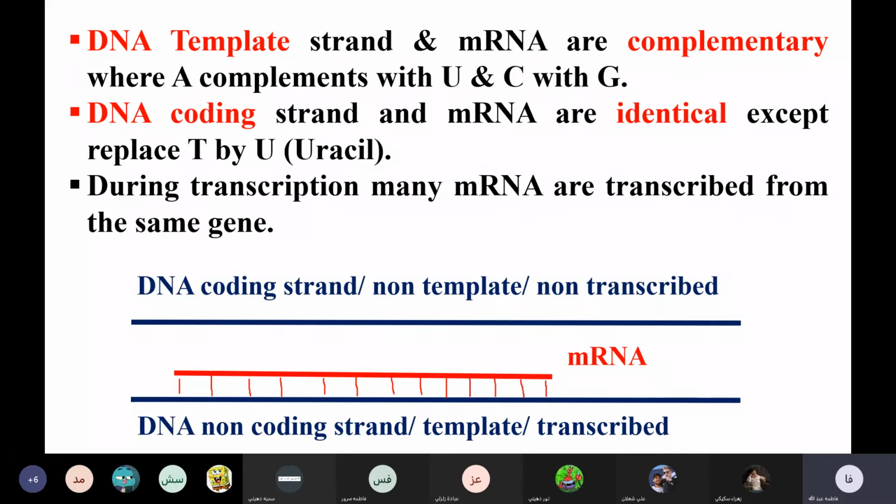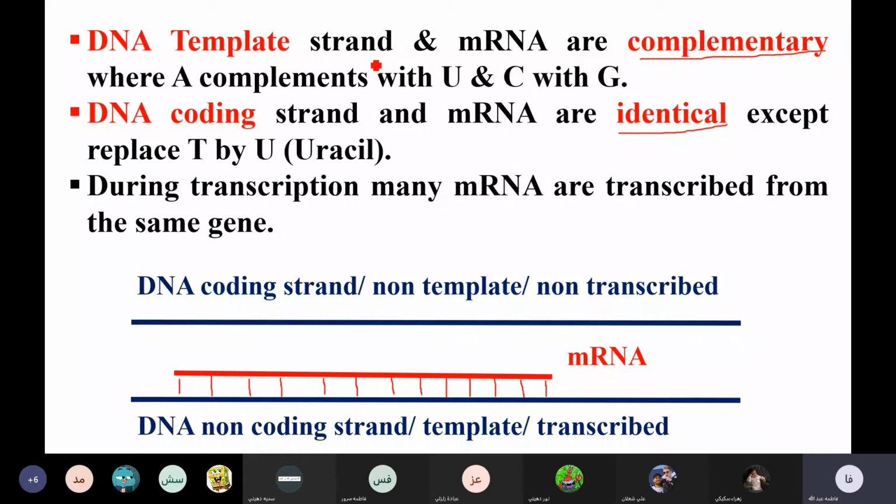So the DNA template strand and the messenger RNA are complementary, where A complements with U and C with G. Whereas the coding strand and the messenger RNA are identical, except we replace T by U.